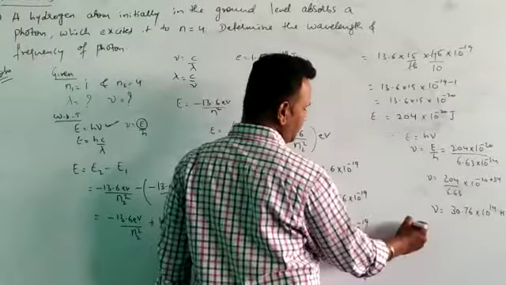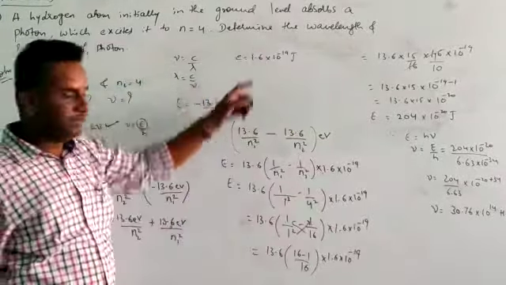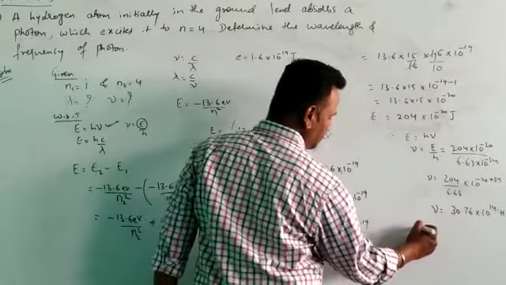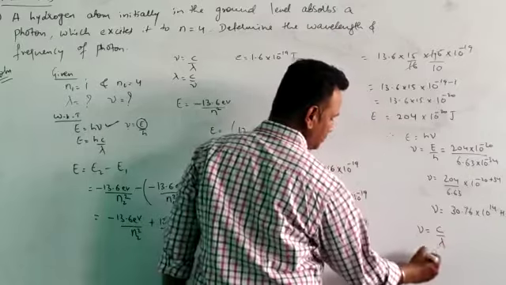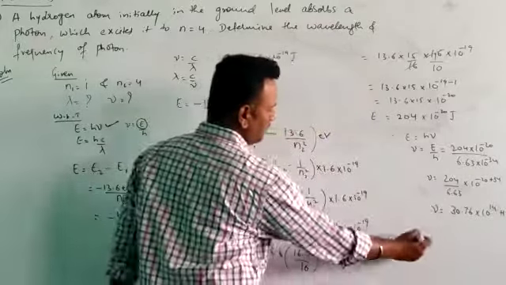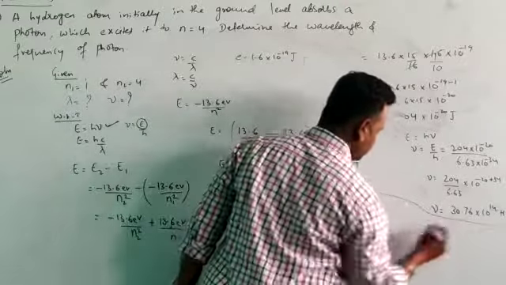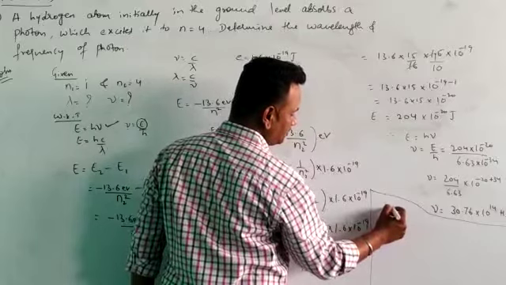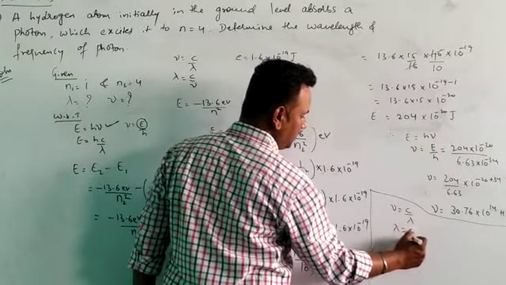Now you got the frequency. Using the relation, next we have to find out the wavelength. Nu is equal to c by lambda, so lambda is equal to c by nu.